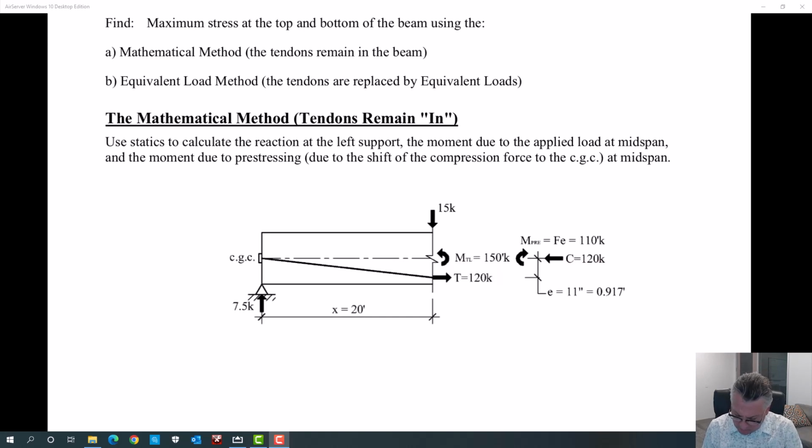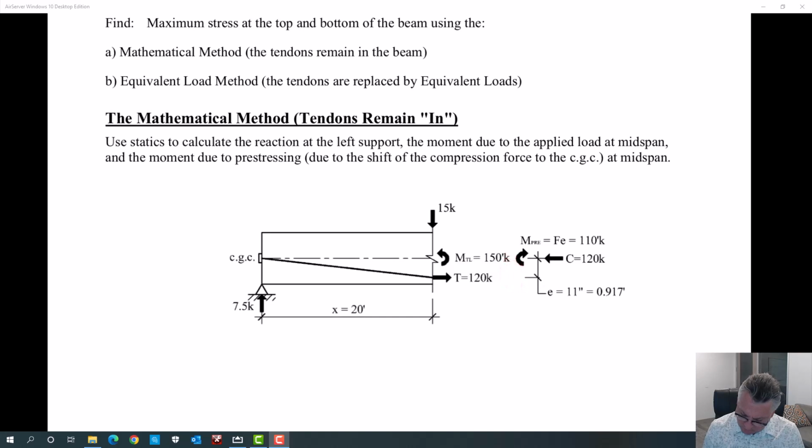But I'm fictitiously moving that up to here by the eccentricity. So I am going to counteract what I've done. I was statically incorrect by moving that axial load, but I'm statically correct if I offset it and put in a moment going this way.